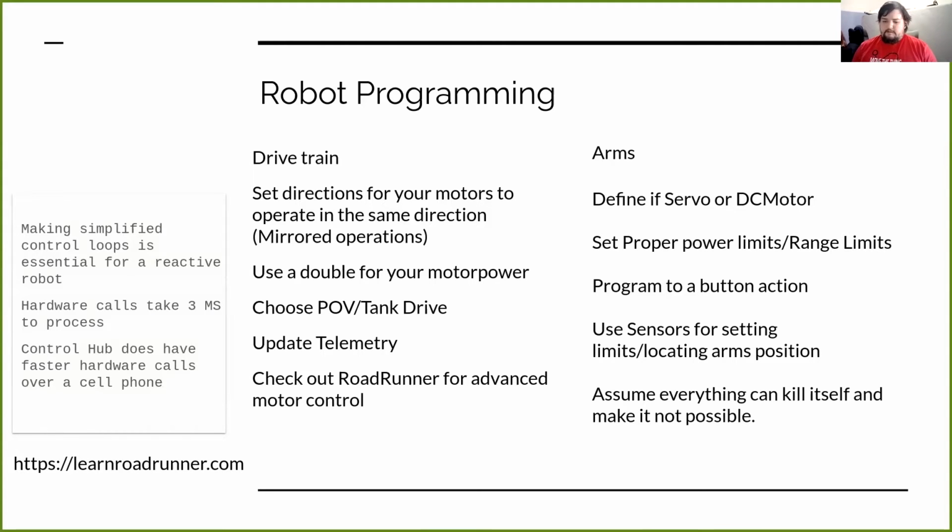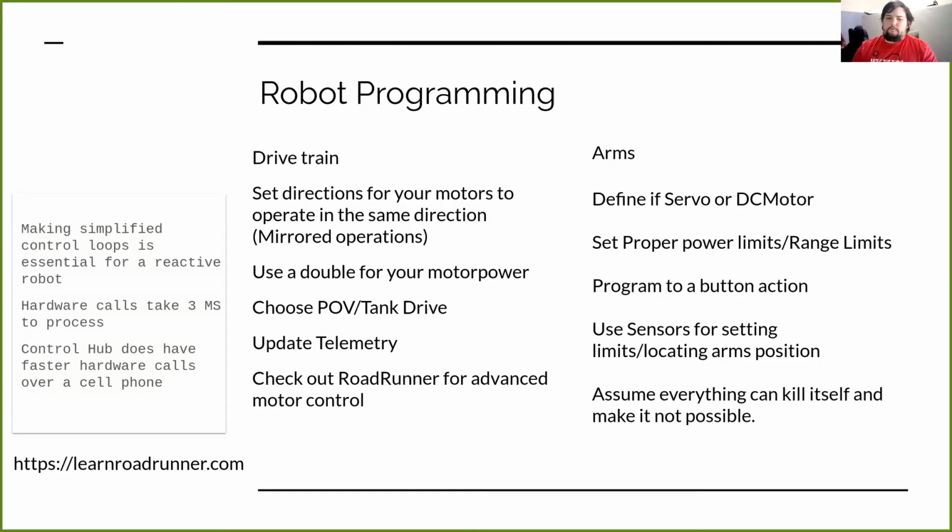Again, this goes back to that cohesion between software and hardware. Let's just say, for simplification, you have one drive motor on each side. Those drive motors are going to be in a mirrored operation, right? One side needs to go forward and one side needs to go in reverse so that they both go the same direction.